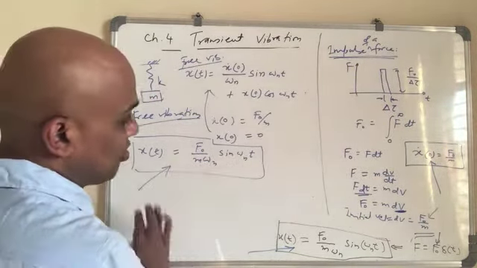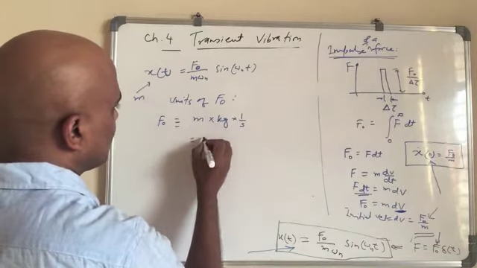We have meter multiplied by m, which is kg mass, and omega n, which is radian per second.